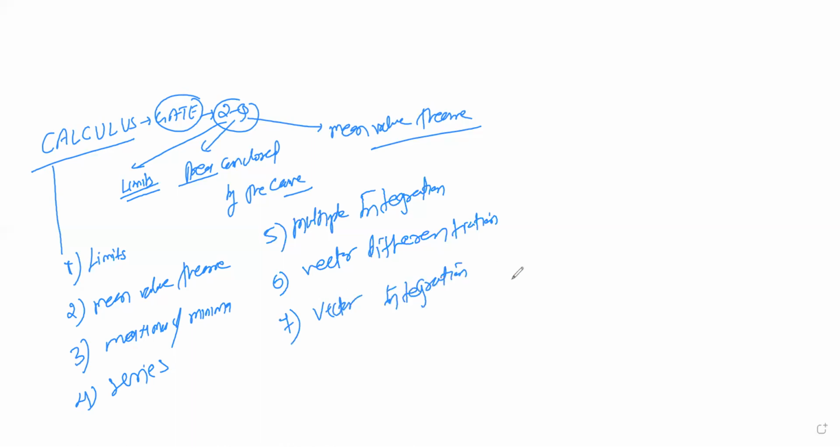So from the GATE point of view, one question from here, one question from here, and one more question from here. And from the rest of the two topics, they can ask one question. So total 4 questions are pure from calculus.